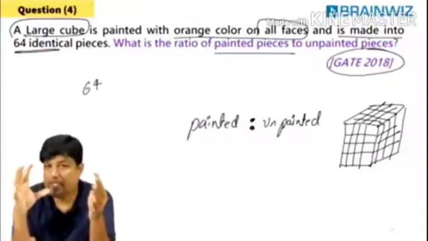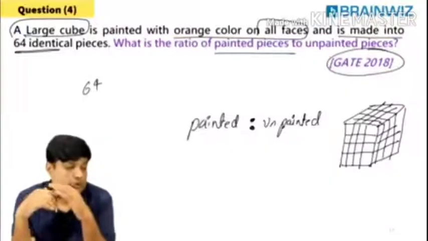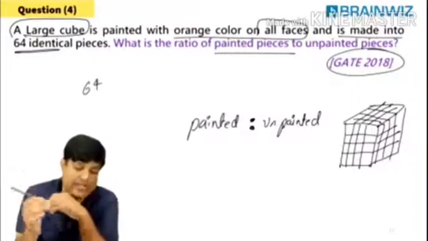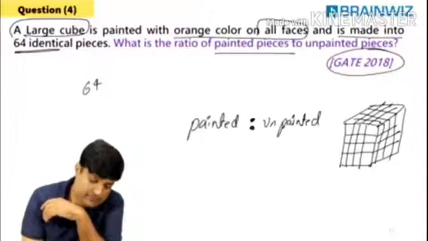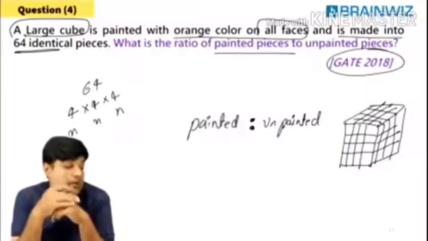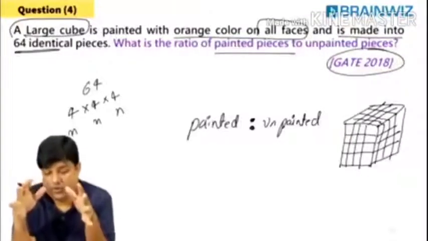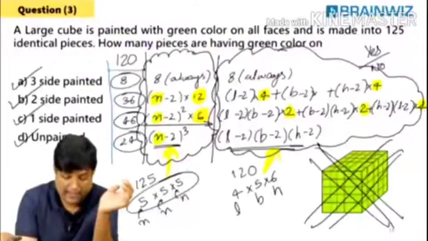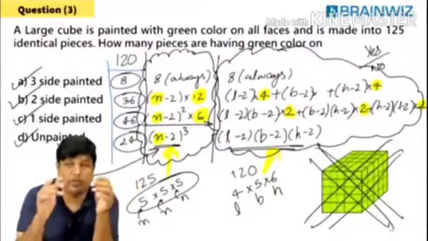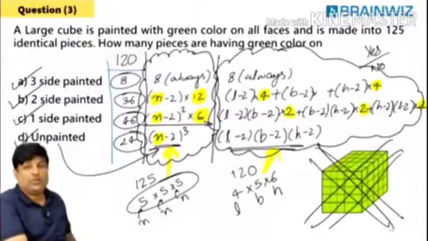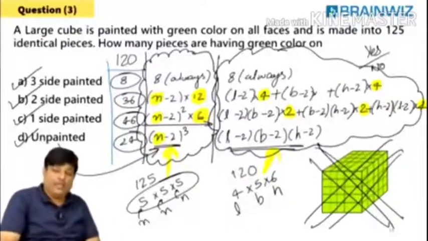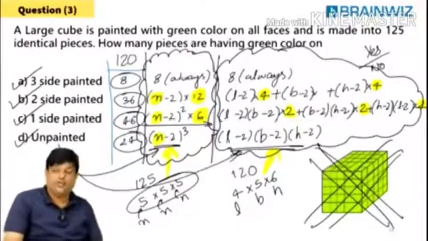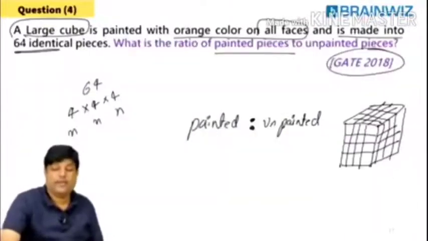Without the help of a diagram, you can get unpainted. They are inside. How to use the unpainted formula? Unpainted is n minus 2 whole cube. If it is not a perfect cube, you can use L minus 2, B minus 2, H minus 2. Are you understanding, everybody?